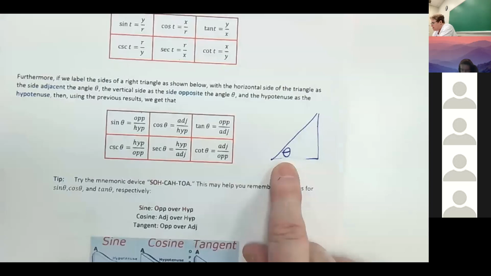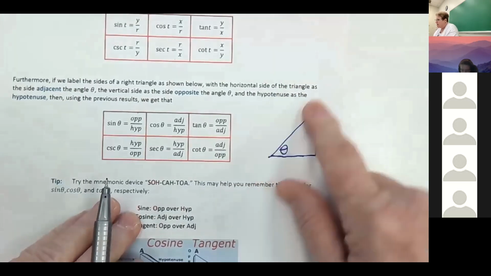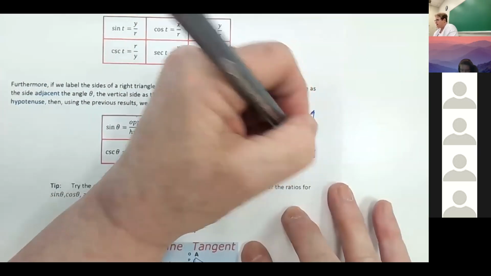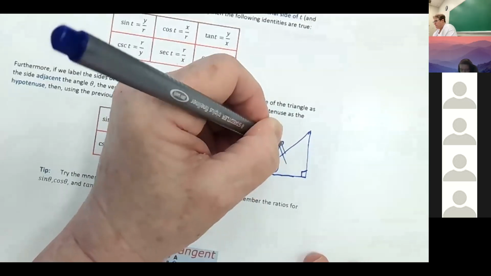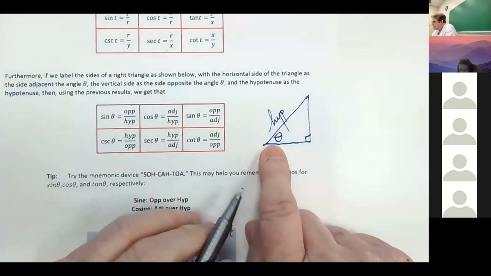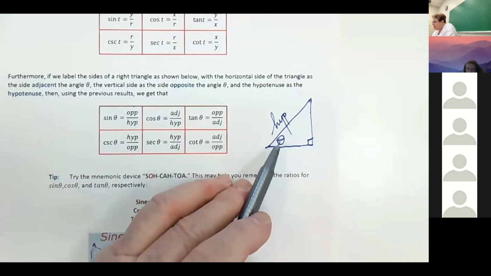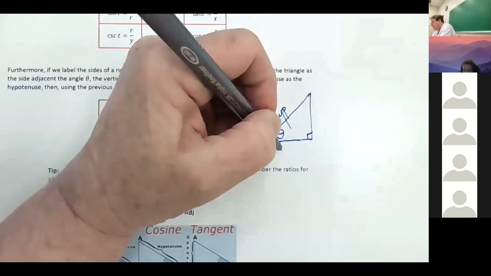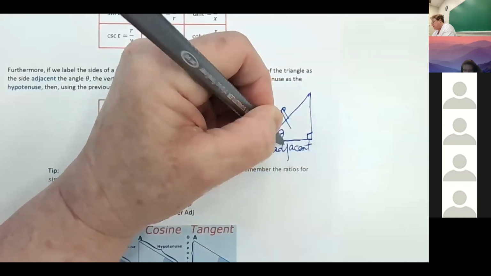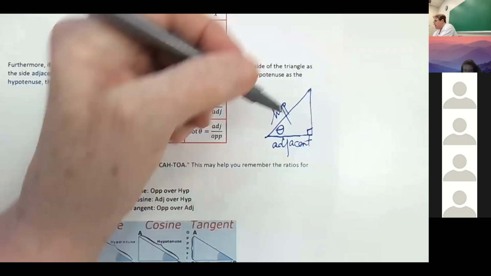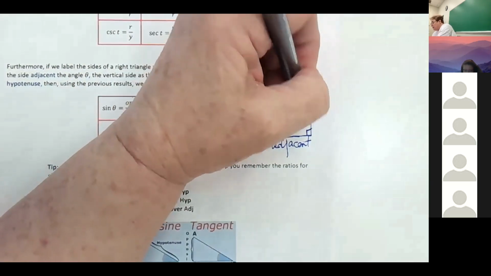If theta is here, the hypotenuse is always the side opposite the right angle. The adjacent is the side closest to theta. The opposite is the side farthest away.